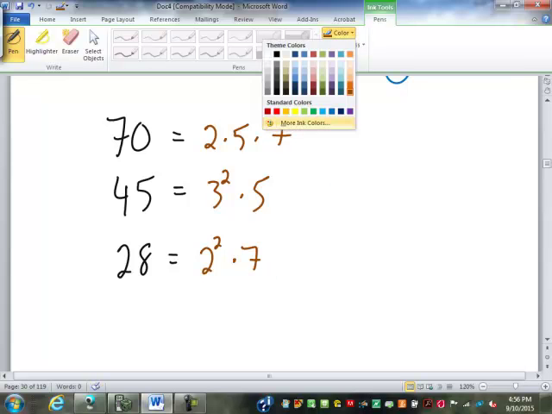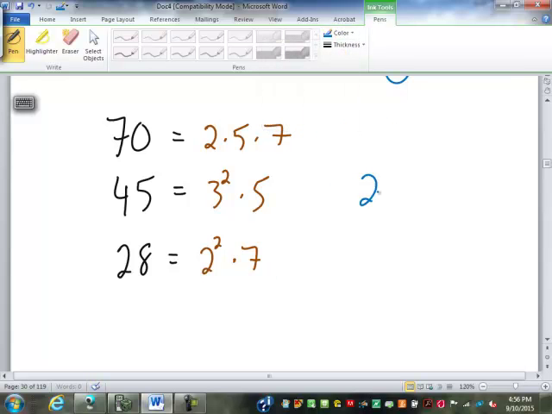So I look at all the factors I have here. I have 2's, 3's, 5's, and 7's. Highest power on the 2, squared. The 3, squared. The 5, just the 1, no power. The 7, just the 1, no power.